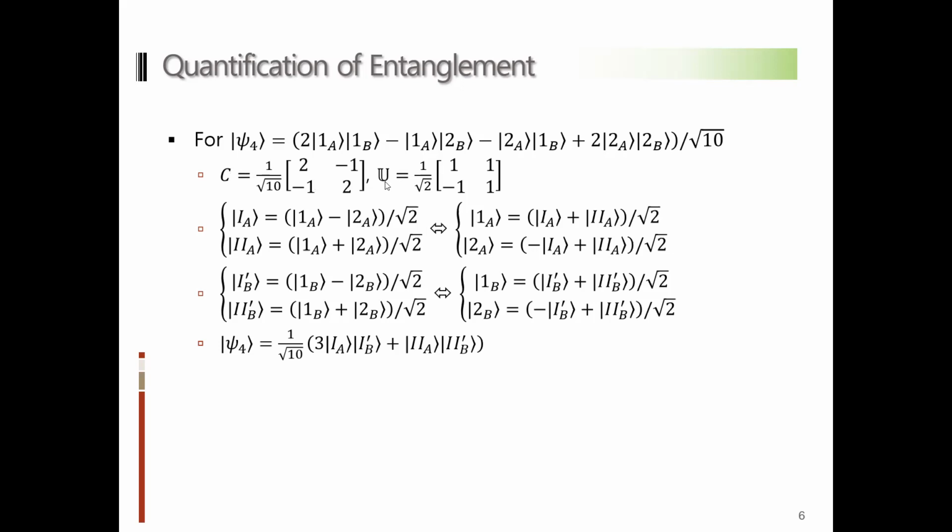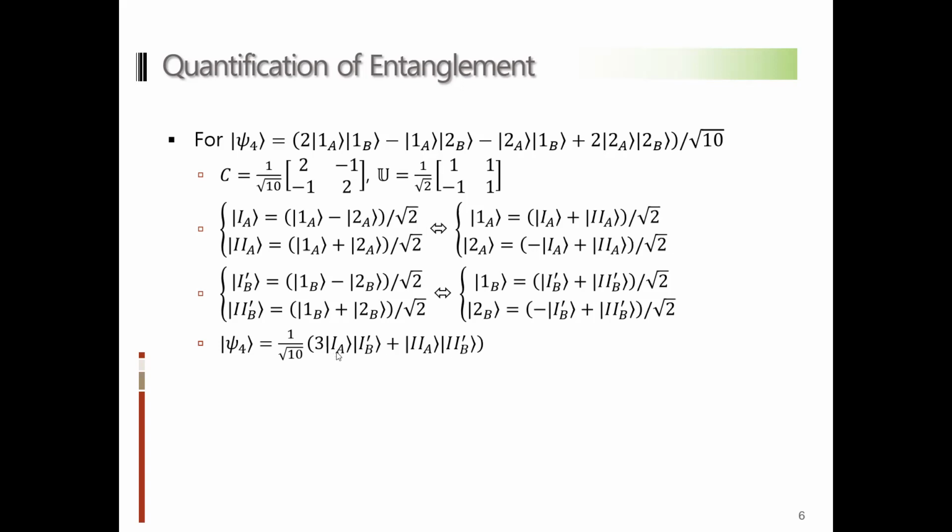And then once I apply this unitary matrix for the decomposition of this C matrix, it turned out that all the combined state can be rearranged, and eventually the final state can be expressed as the summation of these two components.